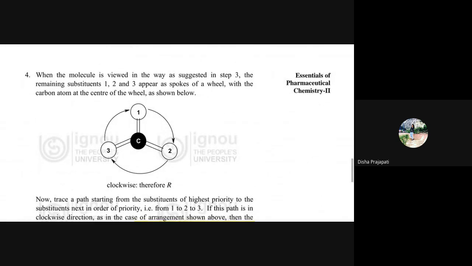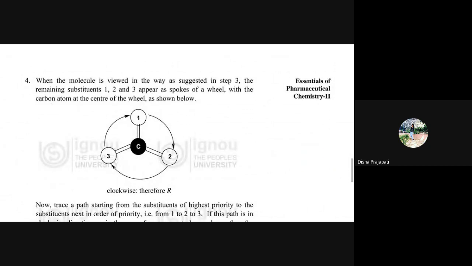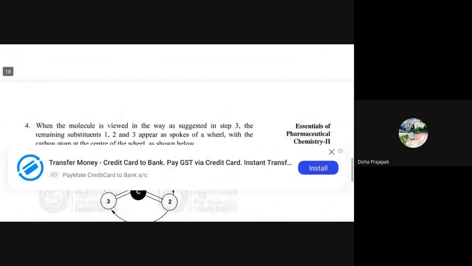When the molecule is viewed in a way as suggested in step 3, the remaining substituents 1, 2, 3 appear as spokes of wheel with the carbon atom at the center of the wheel as shown below. So if it is clockwise, then it is R, and if it is anti-clockwise, then it is S.